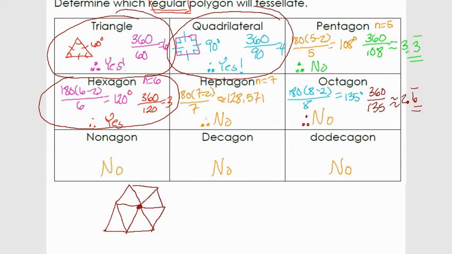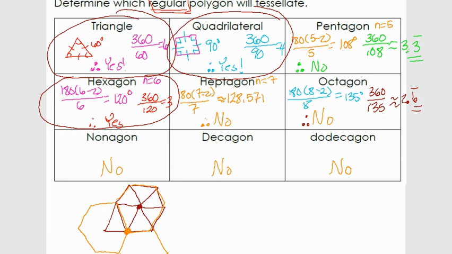Okay, and while you're at it, those triangles make a hexagon, which we also said hexagons tessellate. So those hexagons could also tessellate. And so you can see around a single point they could meet to tessellate like that.